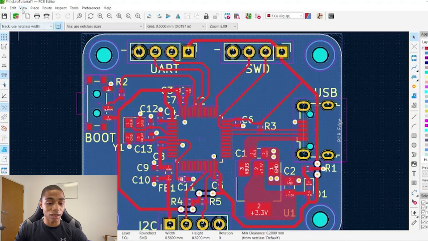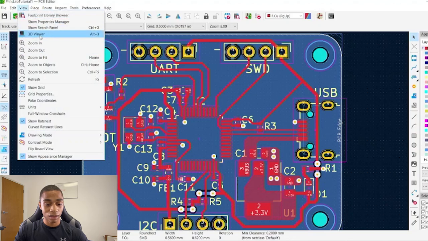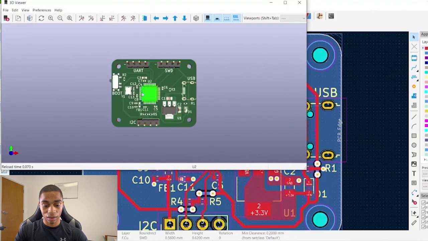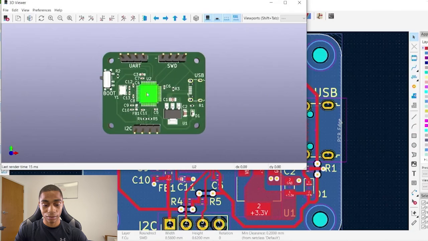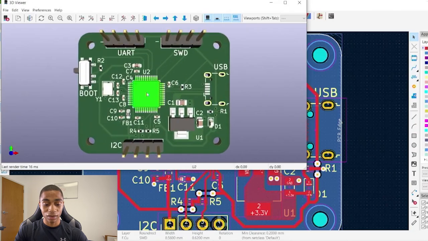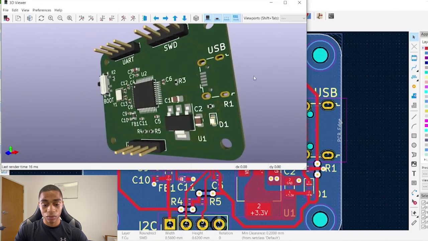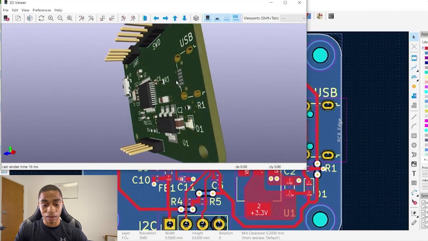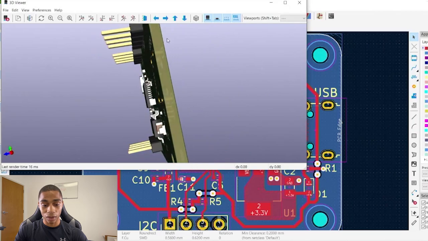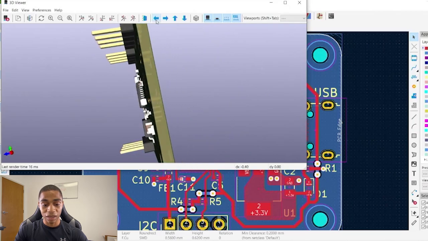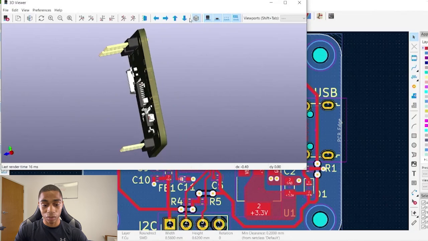and we can get a look at our fully finished and completed schematic. All right, so we go ahead and zoom in. This is the 3D view of our schematic. I am missing my USB device, but that's okay, or my USB component. But this is like the most realistic view that we'll get of what our PCB will look like once it's fully manufactured.